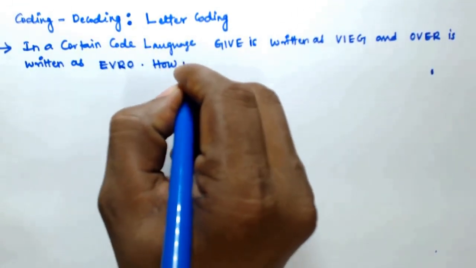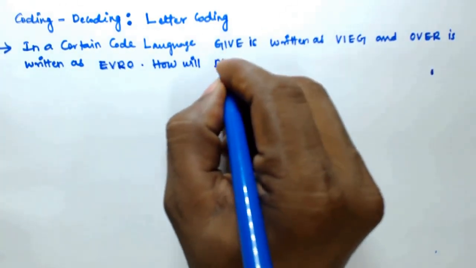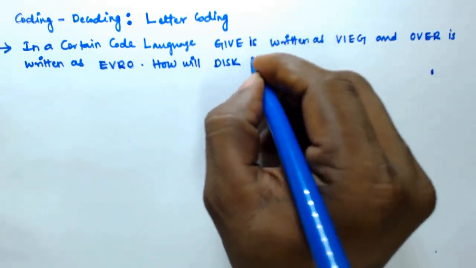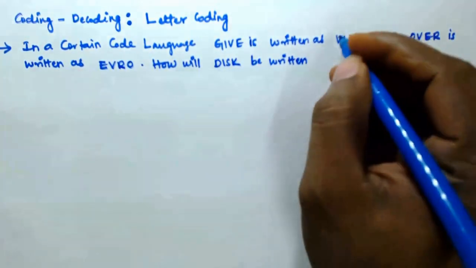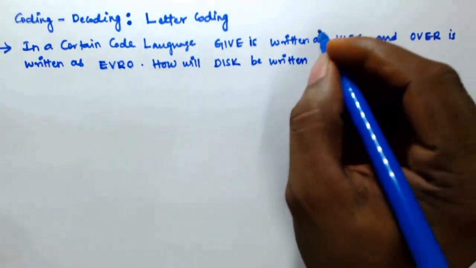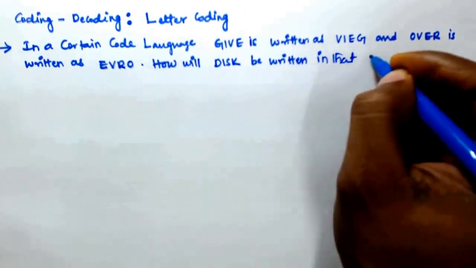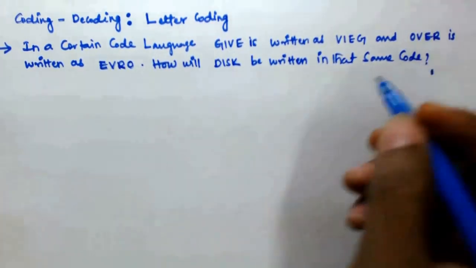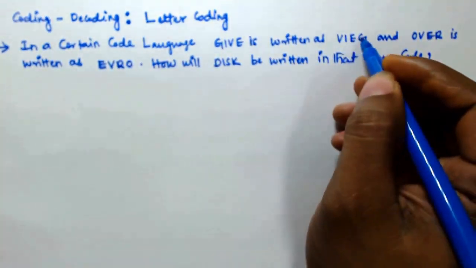How will DISK be written in that same code?